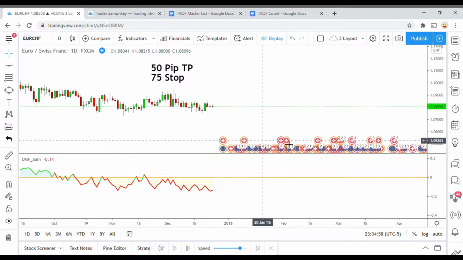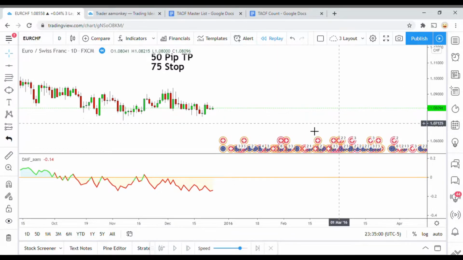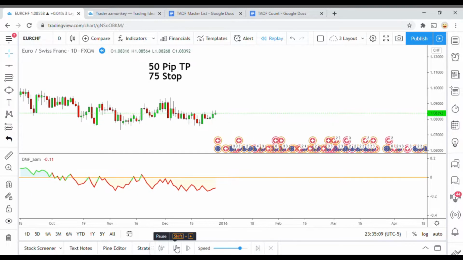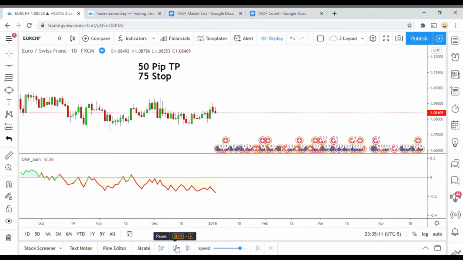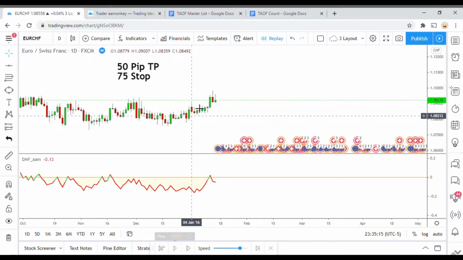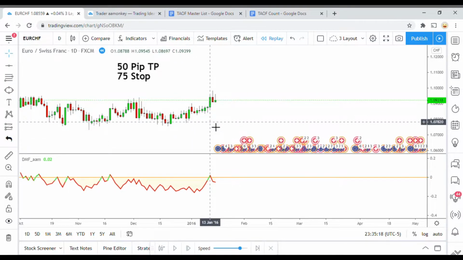So relatively simple setup. Again, very similar to the Chaikin money flow that we had tested, but on different calculations. So let's go ahead and play it forward and see what we can get out of this indicator. So there is the first signal right there. That is a long signal.